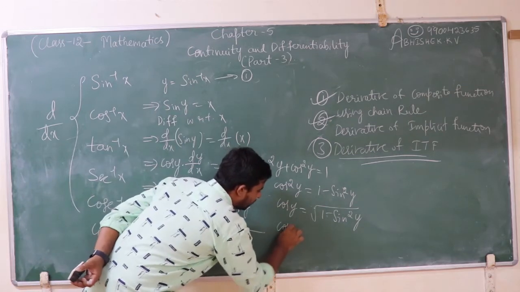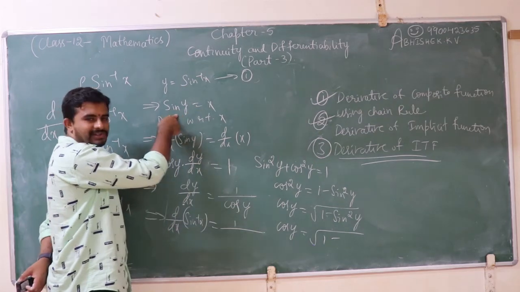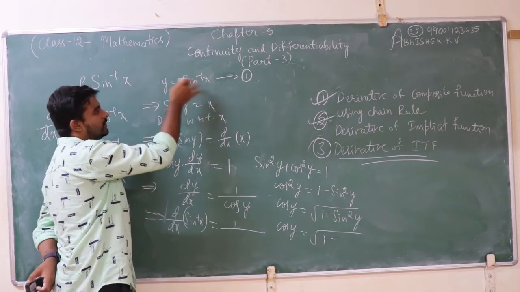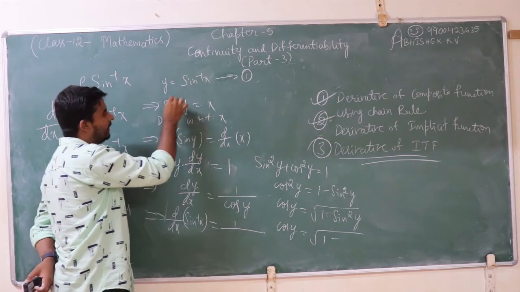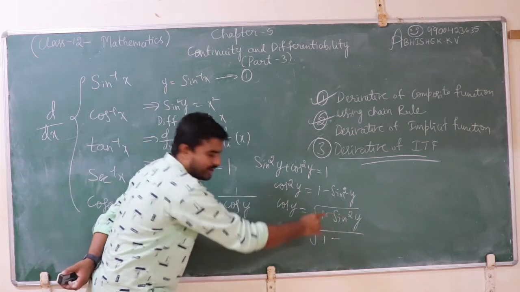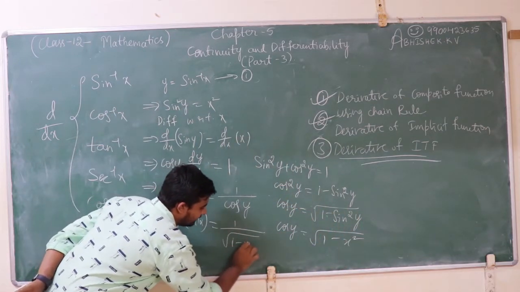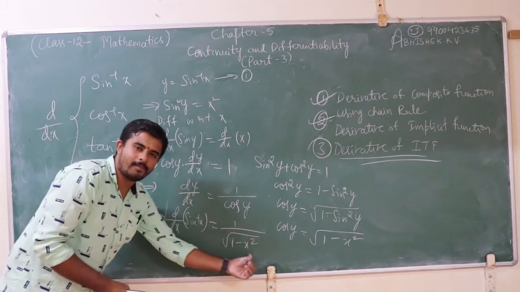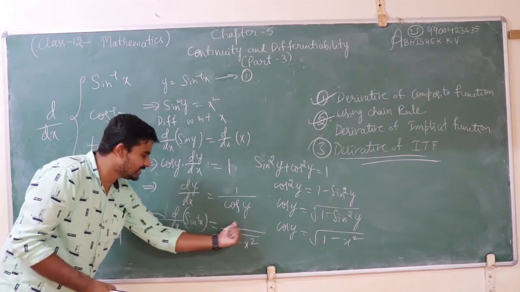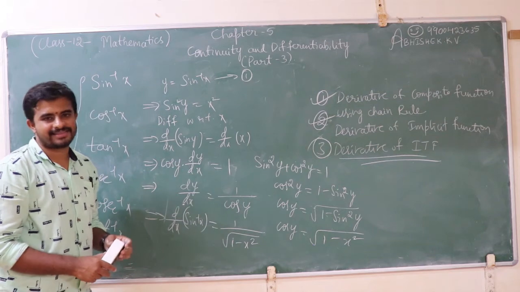Therefore, cos y is equal to the square root of 1 minus, see, x is equal to sin y. So what about x square? It is sin square y. Therefore, sin square y can be written as x square, and the result can be obtained in the form of x. The derivative of sin inverse x is 1 divided by the square root of 1 minus x square.